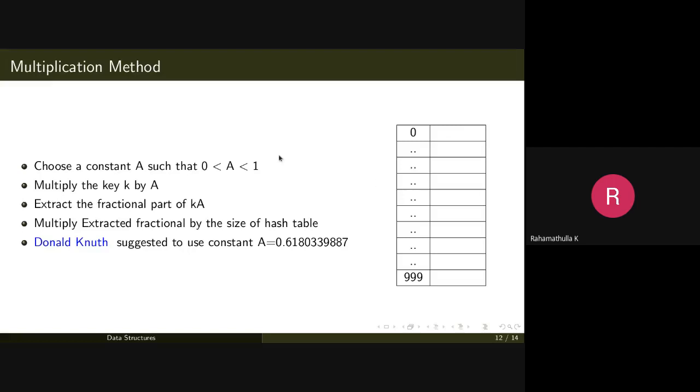So in the multiplication method, you consider a constant a, multiply it with k, that is your key value, then the fractional part will be taken and you multiply it with the hash table size. Then you will get a value which may be a fractional value, but you take only the floor value of it.